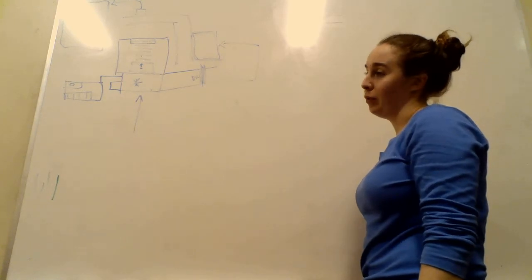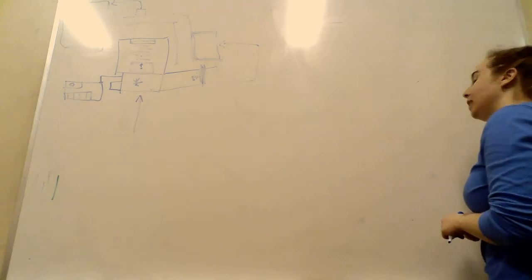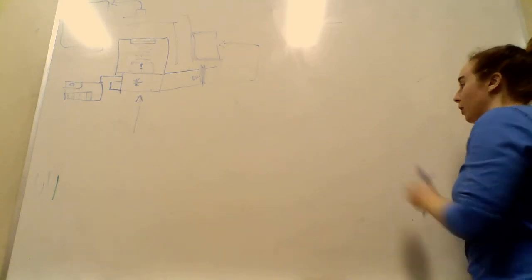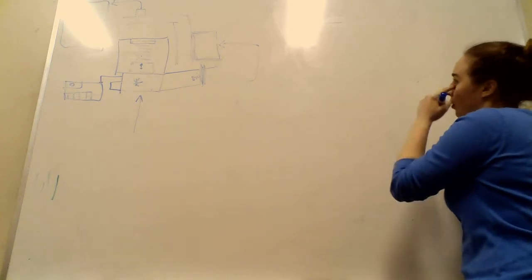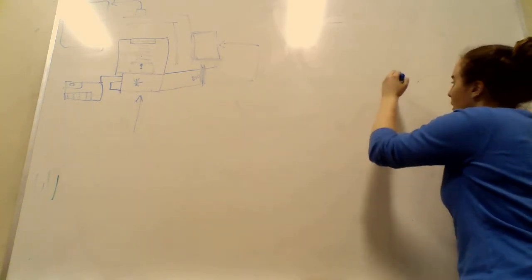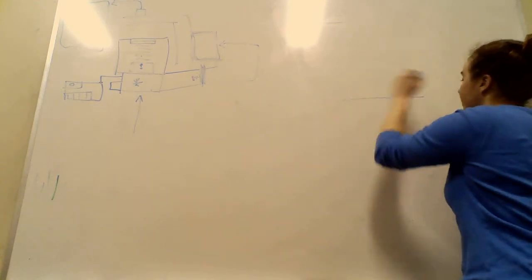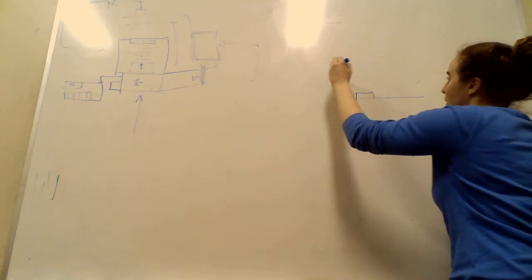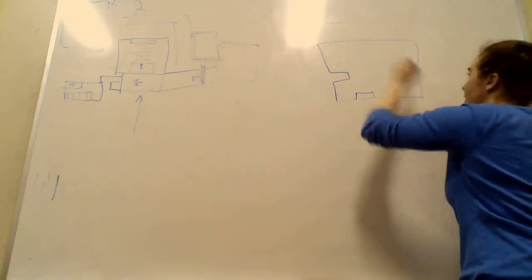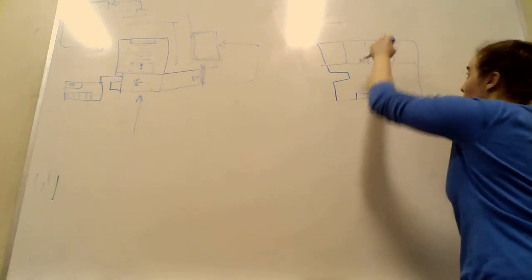Asthma's in the bathroom. My picture is pretty good for this one. When you're looking at the bathroom, this is the door into the bathroom. This is exactly how my high school bathroom was. There is 1, 2, 3, 4 stalls.